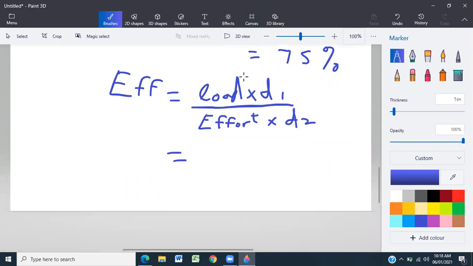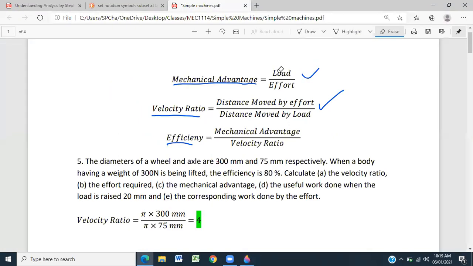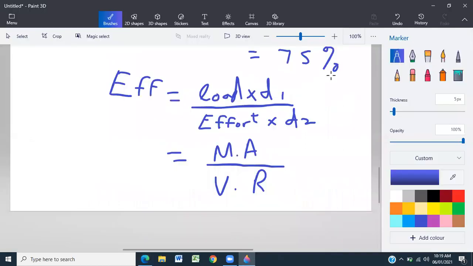So we can notice that this part here is actually the mechanical advantage, and this part here is the inverse of the velocity ratio. Let me open this up so you guys can see that. The mechanical advantage is load over effort, and the velocity ratio is distance moved by effort divided by distance moved by load.